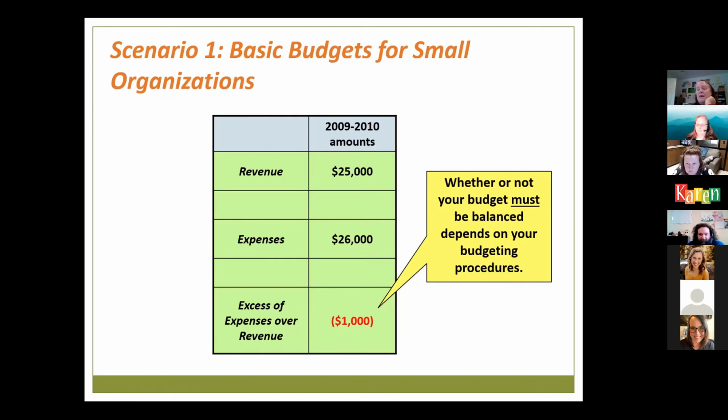Maybe you have carryover cash from the last year that you're not showing on your budget. You might be planning to use reserves, and those don't show up on a budget. So unless you have it in your bylaws that your budget has to match, there are reasons that it doesn't have to. But I'm pointing that out for a reason.